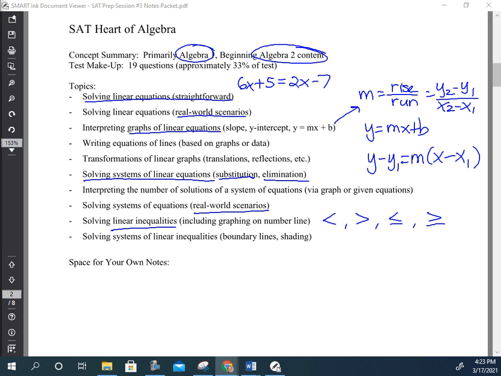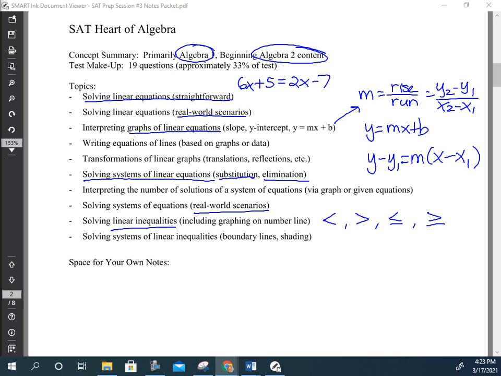So again, most of these are those primary concepts that come from Algebra 1. Primary things that you would have learned back in Algebra 1 or at the beginning of your Algebra 2 trig class. If there are some of you in here that are in pre-calc or calculus, you work with a linear equation quite a bit, so most of it is probably just basic review for you, but a lot of the SAT focuses on linear, lots of lines.